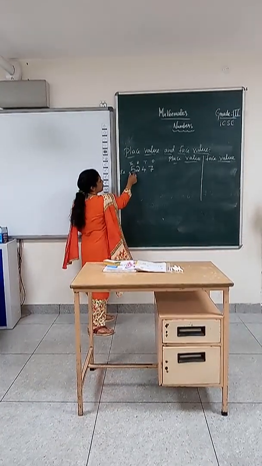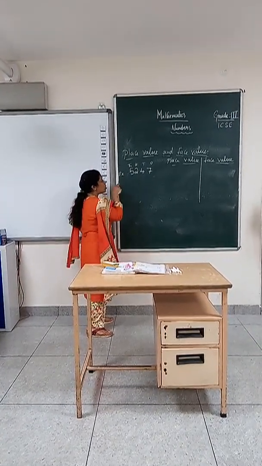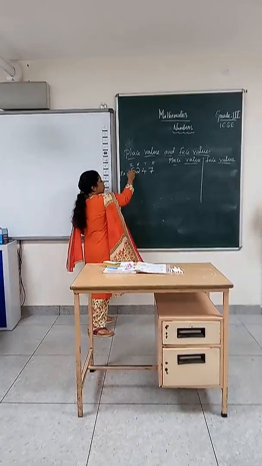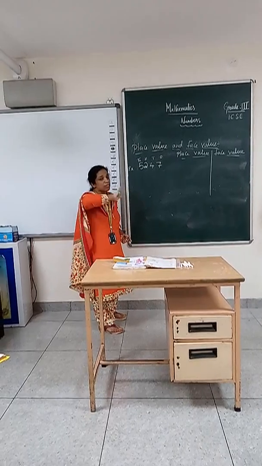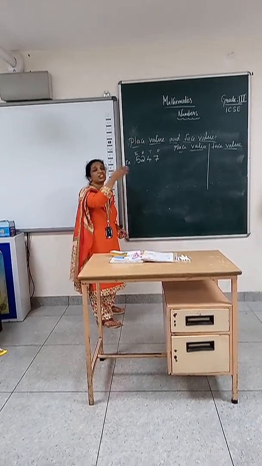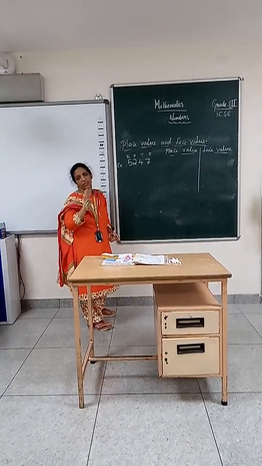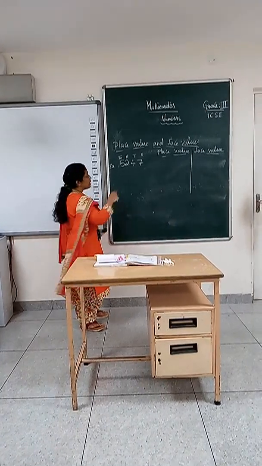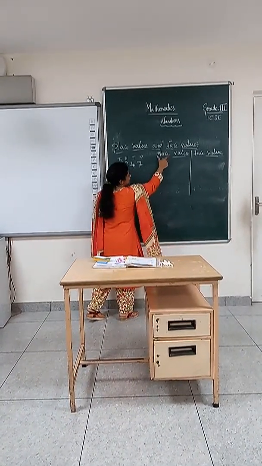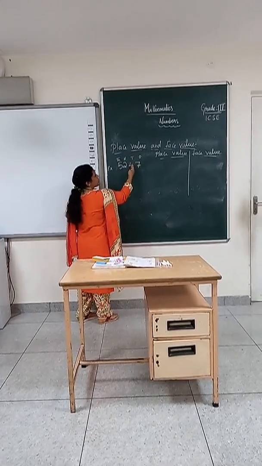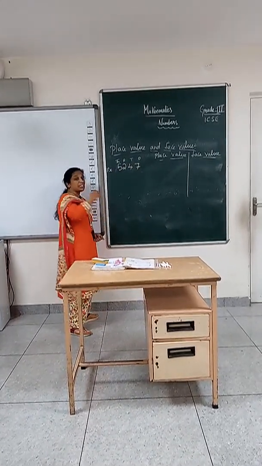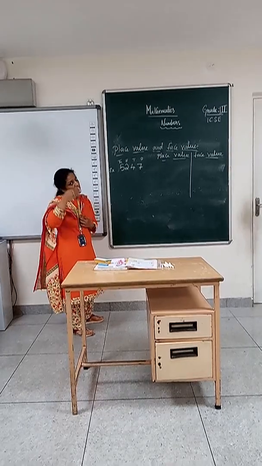The face value of 5 is 5 itself. Wherever it is, whichever position it occupies, its value doesn't change. But according to its place, the value of the number also changes.